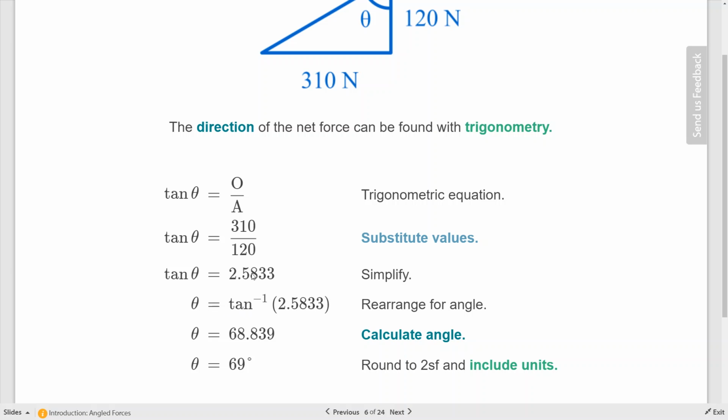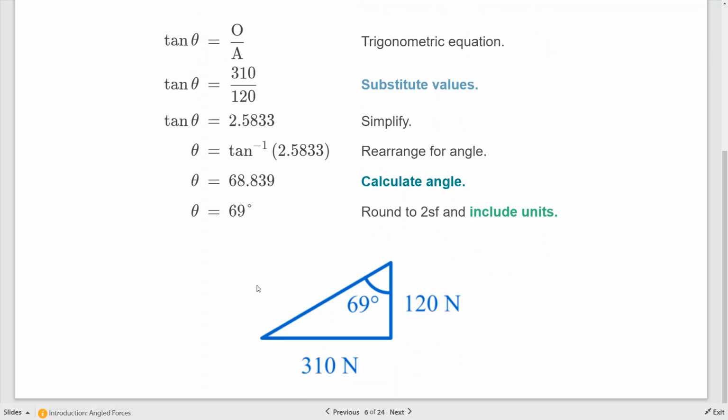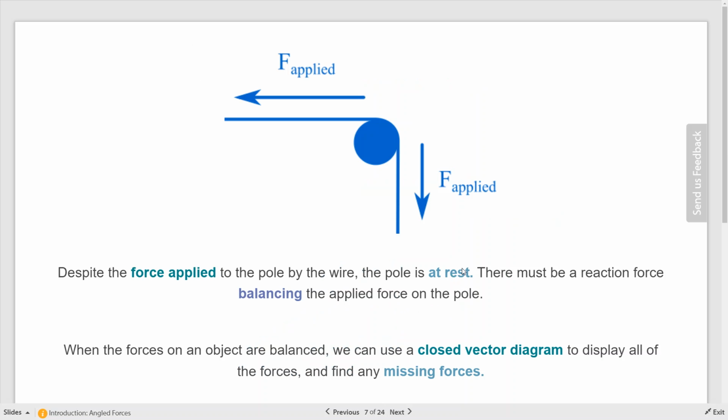Tan to the -1 of that value gives us 68.83, and that's just rounded to two significant figures, which is 69. So that's that angle there, and it obviously does depend on which angle you're measuring from. If we're measuring from that angle there, then we'd use a different one. We'd use that as the adjacent side and that as the opposite side, so you just have to make sure you know which is A, O and H for the hypotenuse.